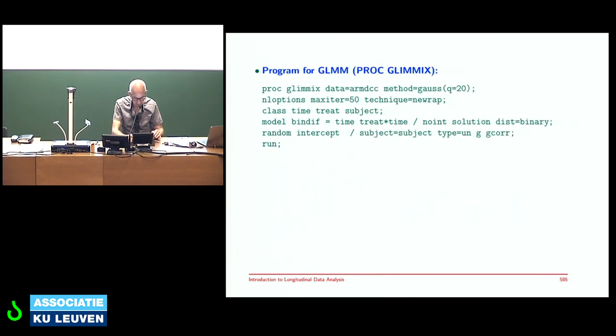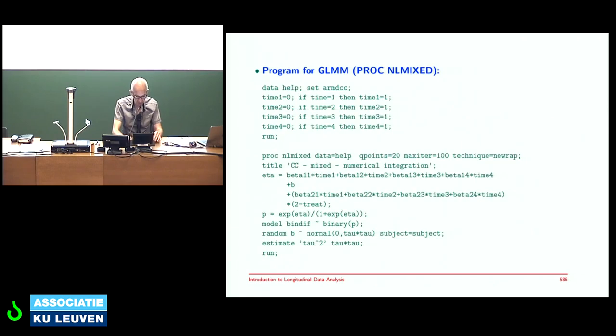Good. And then to top it off, for the generalized linear mixed model, I can use NLMIXED. I can also use PROC GLIMMIX, for example, where it's the same kind of approach, except that I now also have included a random intercept. For the generalized linear mixed model fitted with PROC NLMIXED, I can use this particular code where, remember, with NLMIXED, there's a bit more flexibility, but there is also more programming to do.